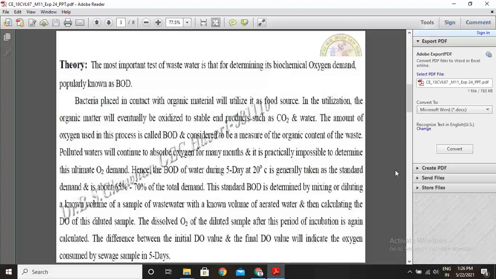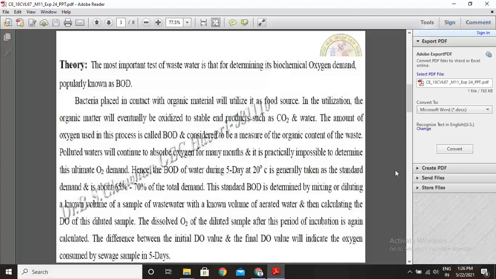Bacteria placed in contact with organic material will utilize it as a food source. In the utilization, the organic matter will eventually be oxidized to stable end products such as carbon dioxide and water. The amount of oxygen used in this process is called BOD and is considered to be a measure of the organic content of the waste.